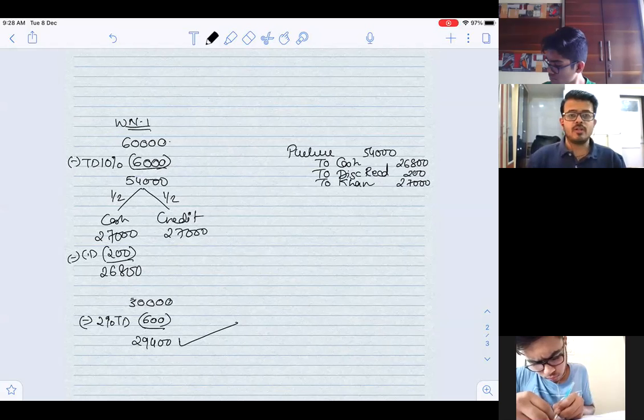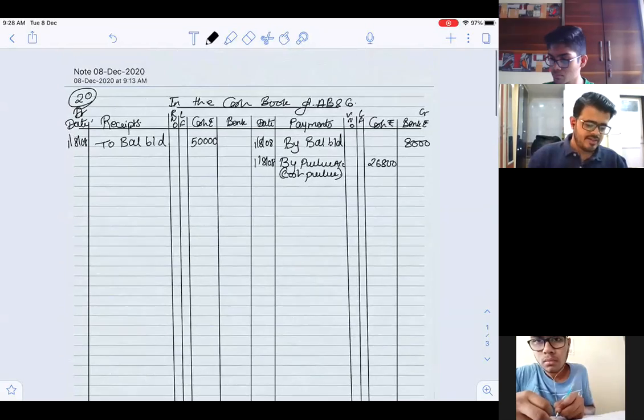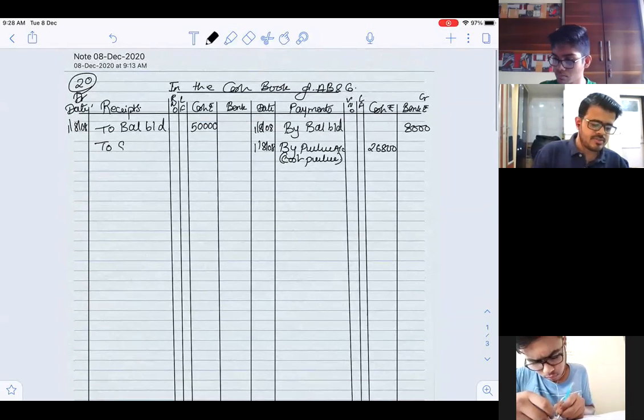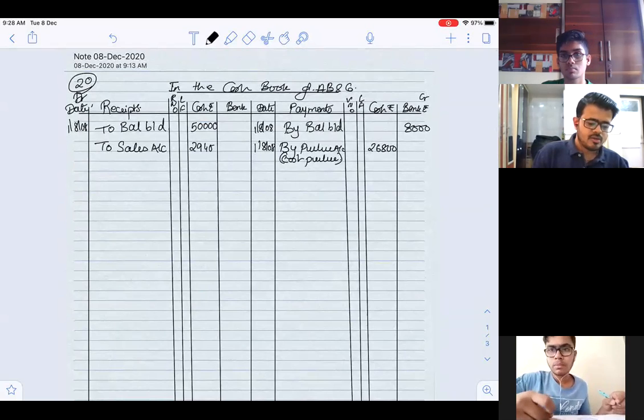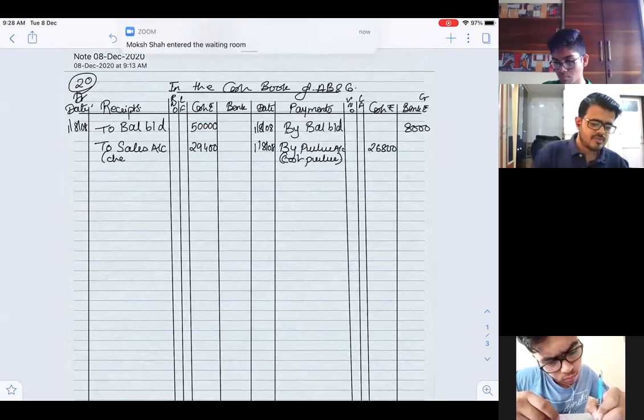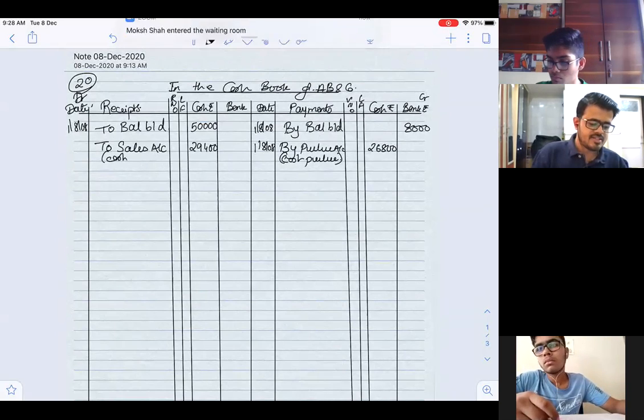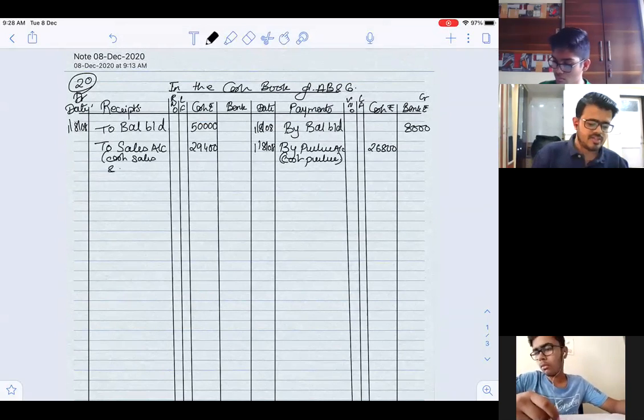And discount will also not come because it is trade discount. The entry is simply cash to sales. So to sales in the cash column 29,400. This is goods sold and check receipt. This is cash sales and check receipt.